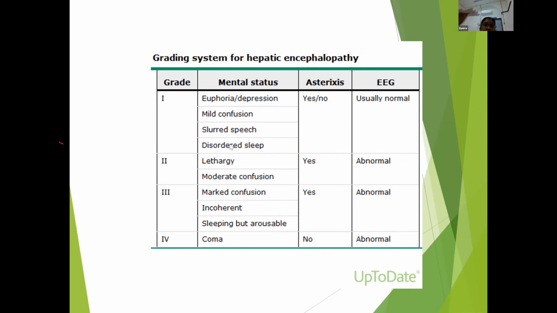Grade 1 usually have euphoria, depression, confusion, slurred speech, and disordered sleep as well. Grade 2, they look more lethargic and more confused. Grade 3, they will have marked confusion with incoherent speech and sleeping, but they are arousable. And grade 4 is coma. EEG in grade 1 is usually normal, but grades 2, 3, 4 will have abnormal EEG findings.